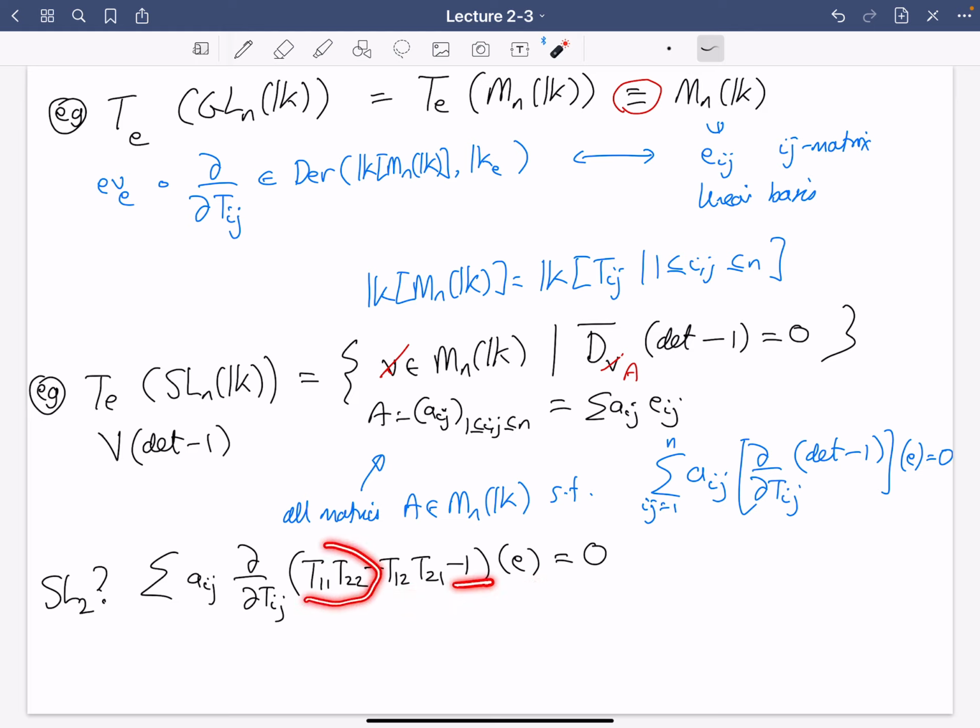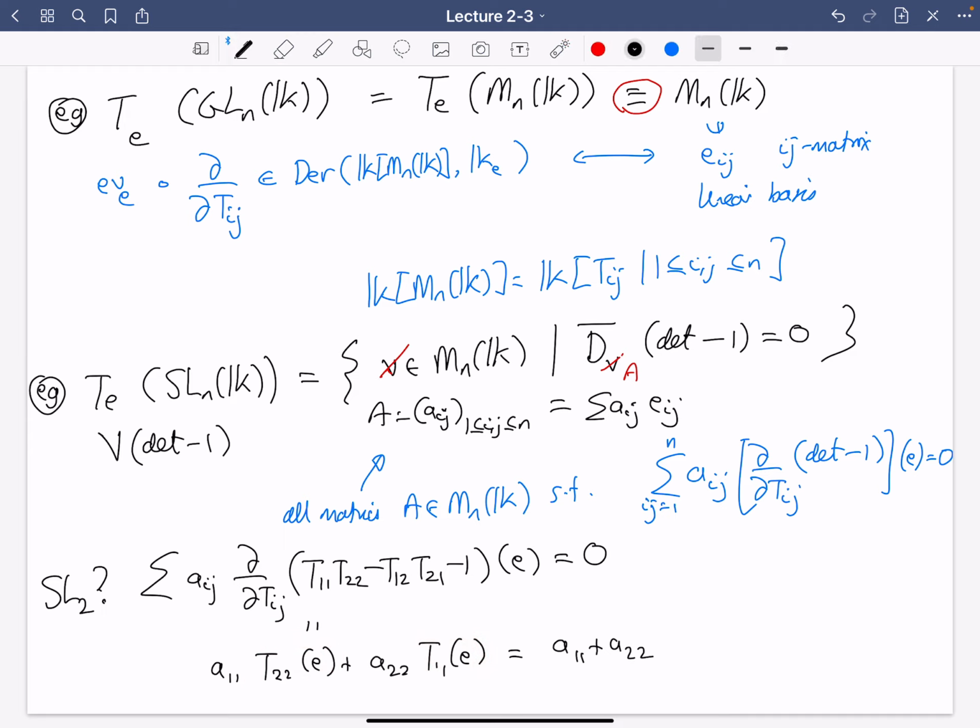So we're only going to get stuff from doing partial derivatives of this kind of diagonal product, the product down the diagonal of our matrix. And that's only going to give us stuff when i and j are either both 1 or when they're both 2. So we're only going to get A11 dt11, which is T22, and A22 T11 of E, which is just A11 plus A22, because these are just evaluating on the identity matrix.